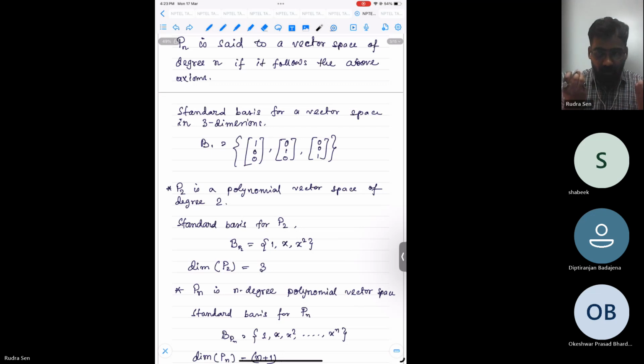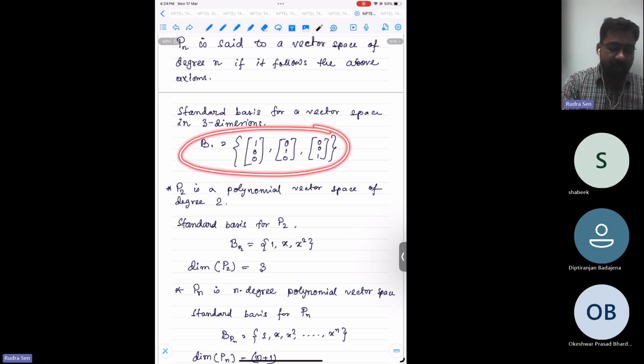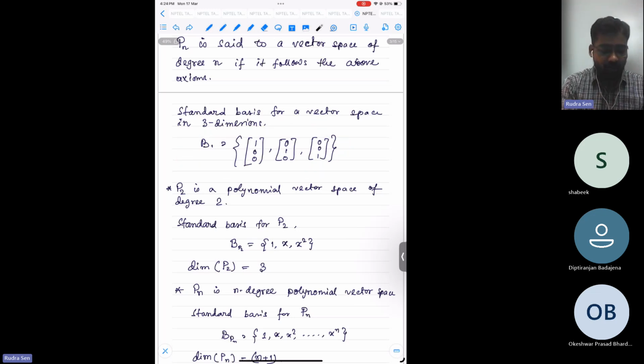Just two things you need to keep in mind: all the vectors should be linearly independent, and the number of vectors should be exactly right. In 3 dimensions, this is the standard basis. All the vectors are linearly independent, and since the dimension is 3, there have to be 3 vectors in the basis.